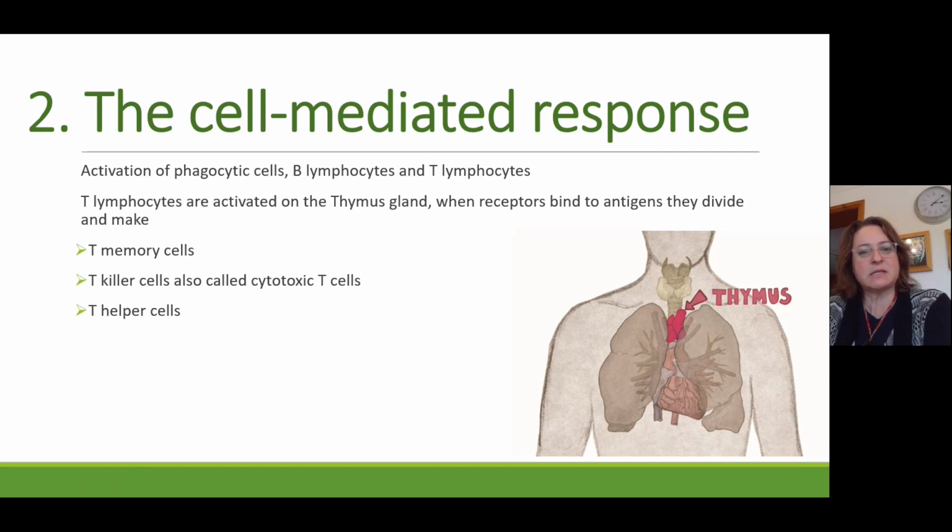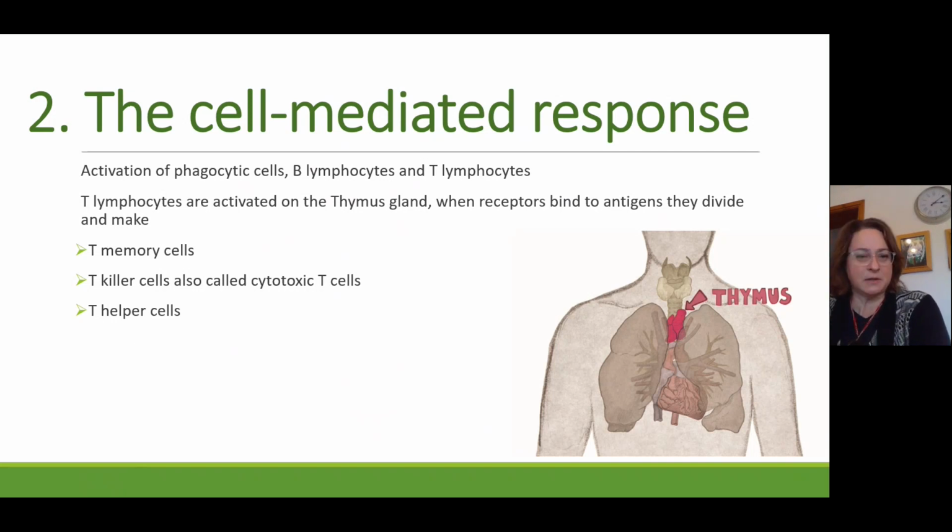T lymphocytes, they are not maturing in the spleen. Again, T lymphocytes are made in the bone marrow, but then they are maturing in the thymus gland, which sits right above your heart. And they will make different cell types. So memory cells, killer cells, and helper cells. Memory cells, again, that goes into your long-term immune buildup. We're going to go into those in vaccinations.